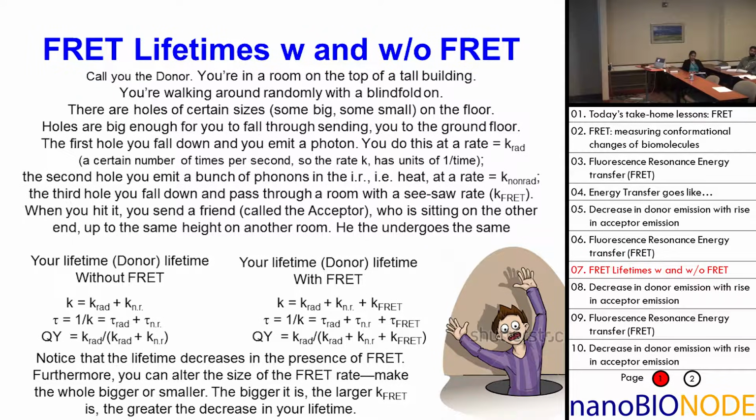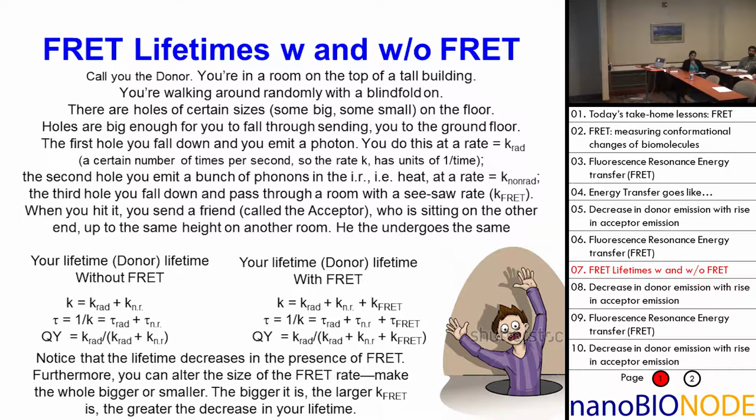And there's the K heat. And so now tau is equal to 1 over K radiation plus K heat.